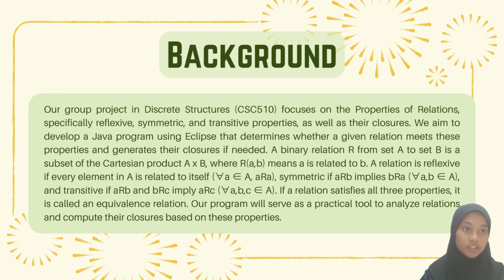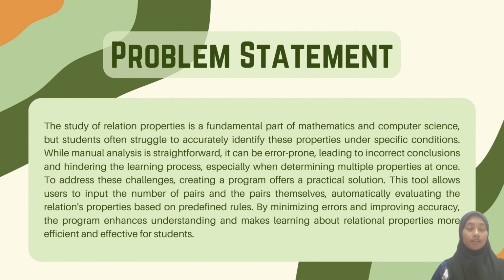And last but not least, transitive if ARB and BRC imply ARC, meaning that if the relation has AB and BC, when they combine it will be AC, so AC needs to be in the relation. If a relation satisfies all three properties, it is called an equivalence relation. So our program will serve as a practical tool to analyze relations and compute their closure based on these properties.